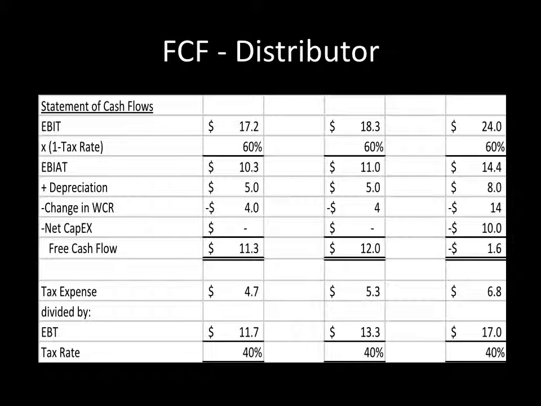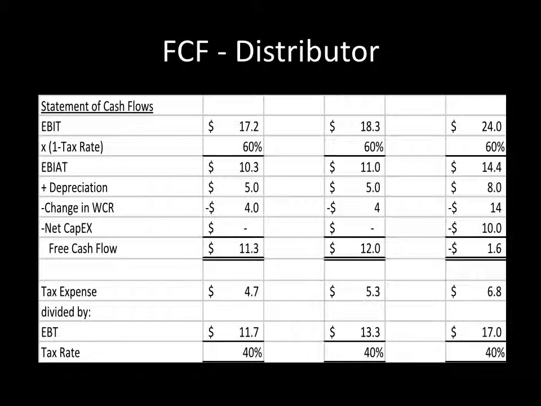Here's their statement of cash flows and a calculation of free cash flow. With this company, we estimated roughly a tax rate of 40%. So for each dollar of income before taxes, they had to pay 40% in taxes to federal and state income tax authorities.